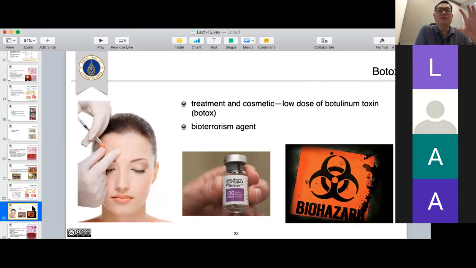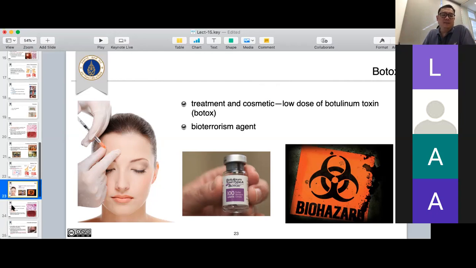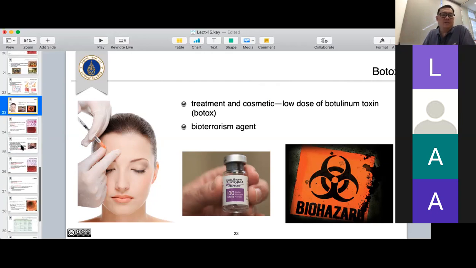Applying the toxin stops the release of acetylcholine, so the muscle will not shake. It helps when people get severe muscle shaking, particularly on the face. It is also used cosmetically as Botox, but in a very, very low dose, otherwise your face is paralyzed.